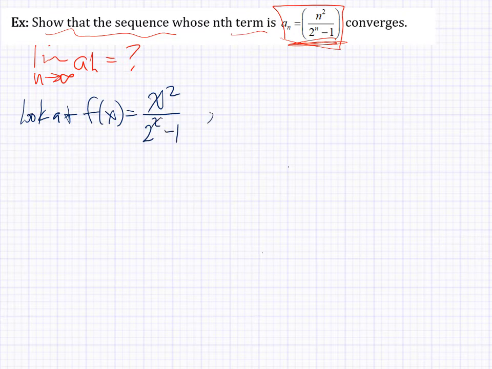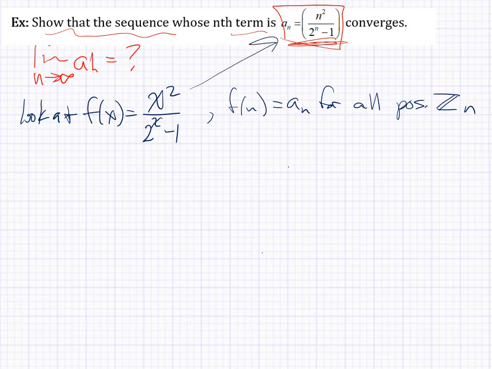We know that f of n equals a sub n for all positive integers n, okay? Clearly, because these formulas are exactly the same, they're definitely going to equal each other. Can we do the limit as x goes to infinity of x squared over 2 to the x minus 1? Well, yeah, we should be able to handle this.